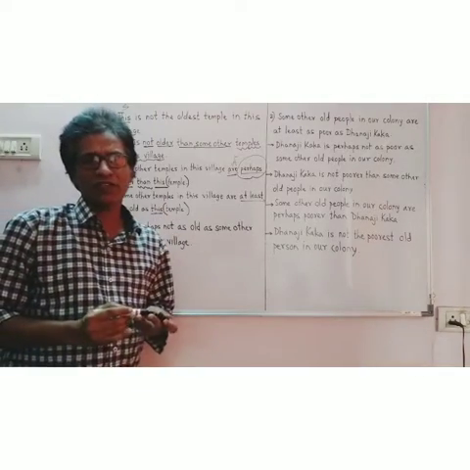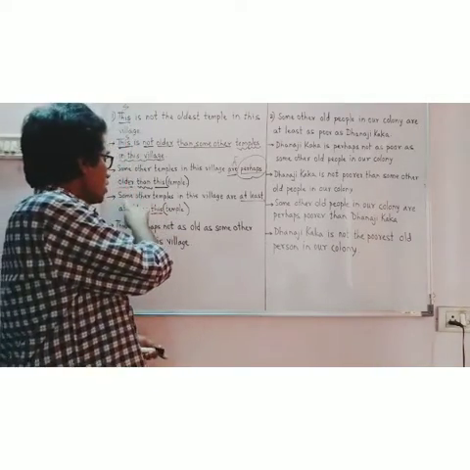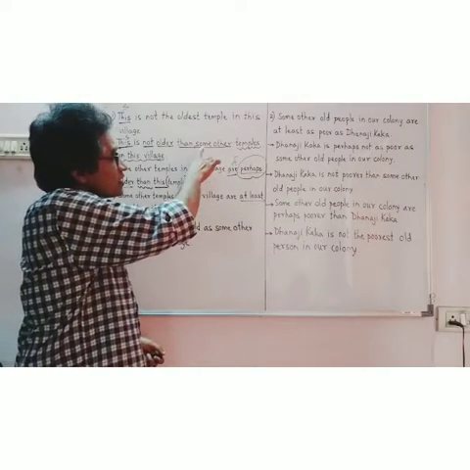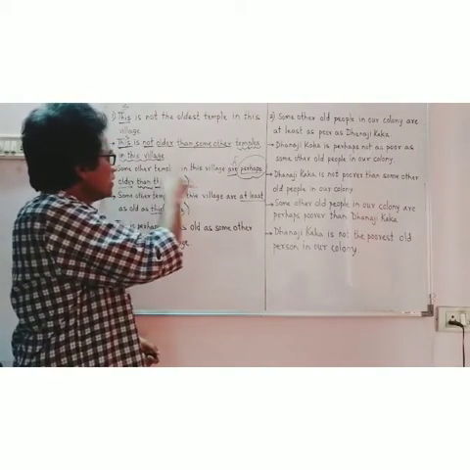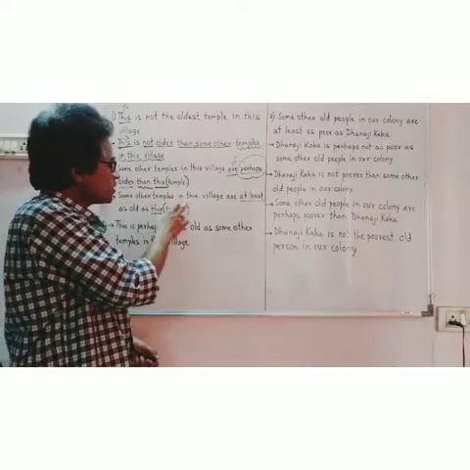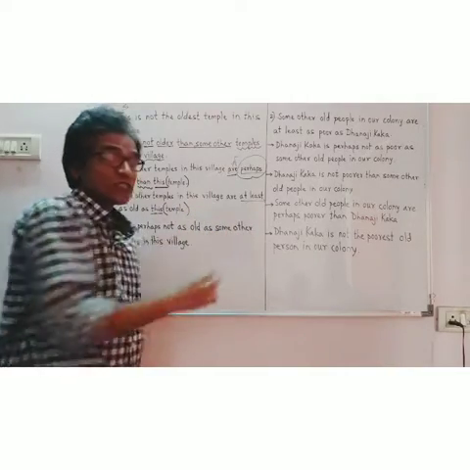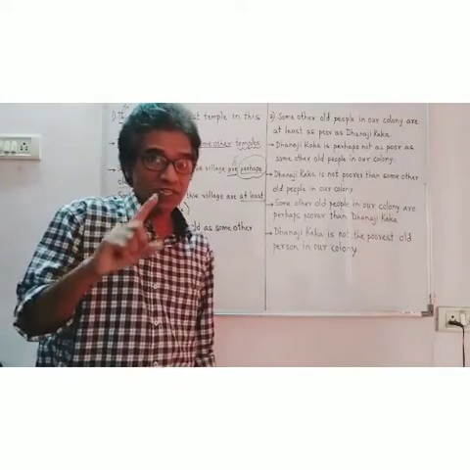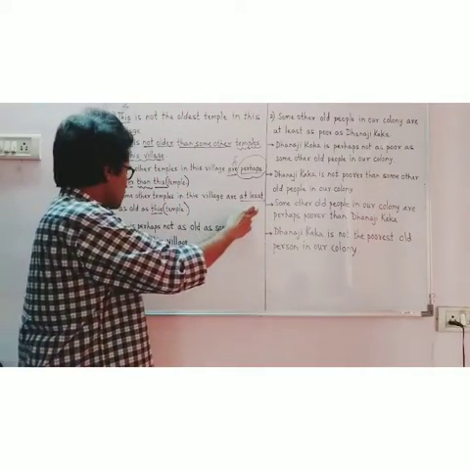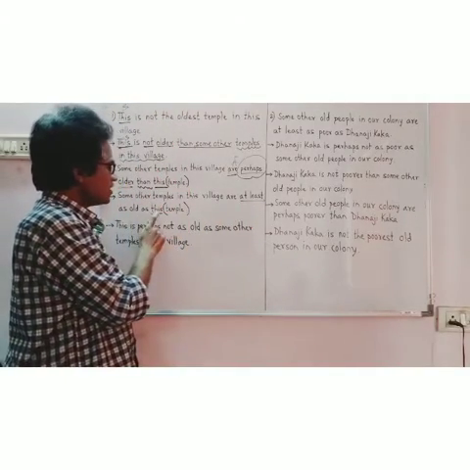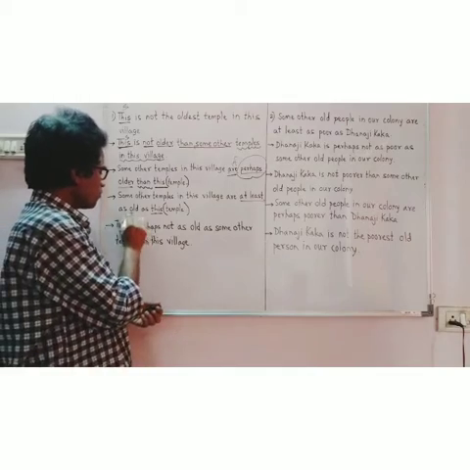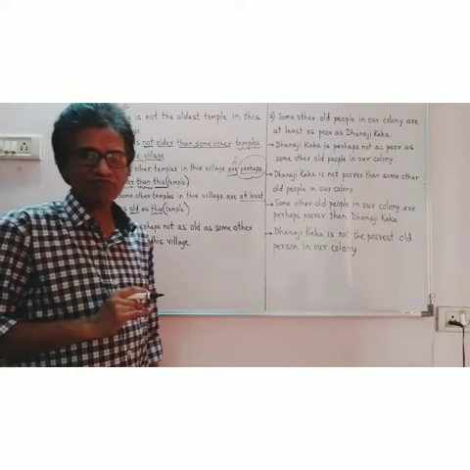Temple again is optional. So when the object, some other temples in this village, begins the positive degree structure, it must have at least these two words, focal point, at least as old as this. Old is positive form, positive degree form.